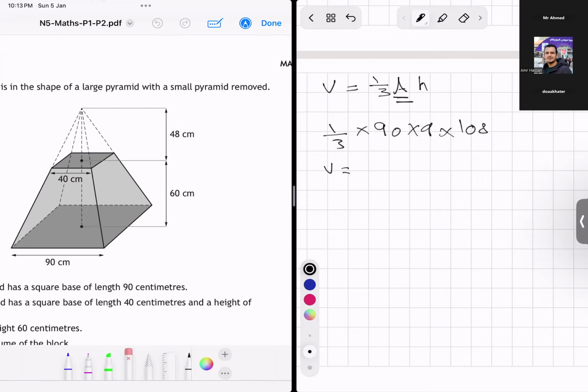Yeah, sure. It's okay. 29,160. Okay. So we were trying to find out the large one. So right now I have to do the same thing, but I need to figure out the volume of the small one, right?